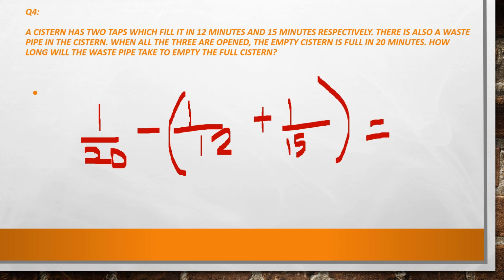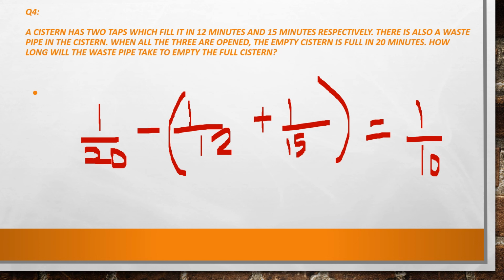So what is the value you get? The number or the time taken is given by 1/10. It's actually minus 1/10.